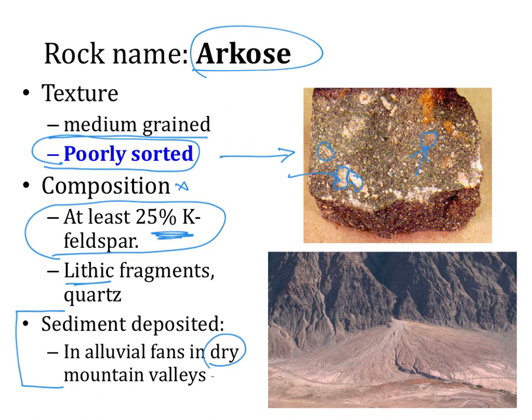So not a lot of it got weathered away. Also, the fact that it has these larger grains and some angular grains tells us that the sediment wasn't transported very far and probably was deposited very quickly after it broke off of whatever source rock it came from.